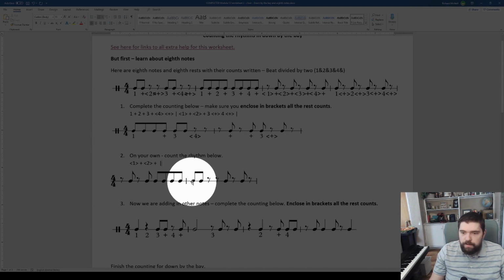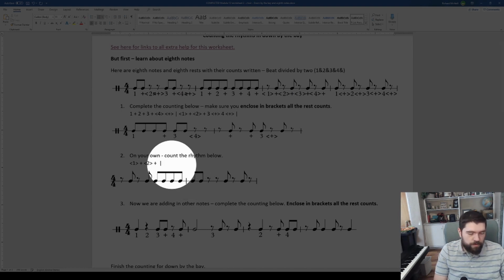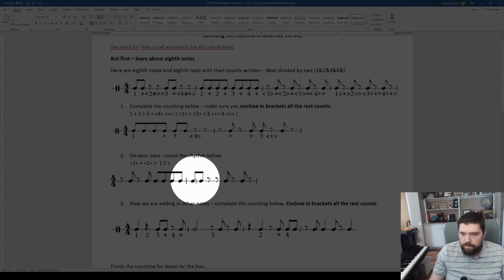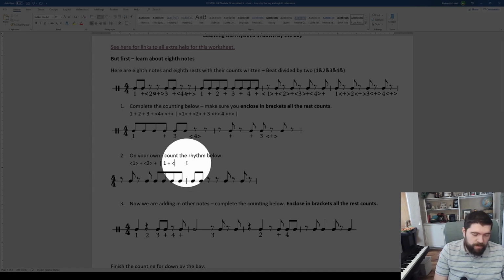Then this one, we would have beats 1 and. And then we also have beat 2 and the and of beat 2 are both rests.